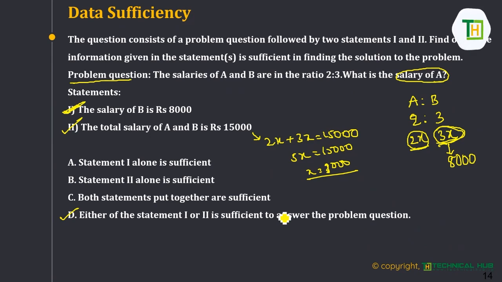You have to check the second one also. If the second one were not sufficient, then I would go with option 1. Here the second one alone is also sufficient, so any one is fine for me. That's why I have to say either statement 1 or 2 is sufficient to answer the problem question.